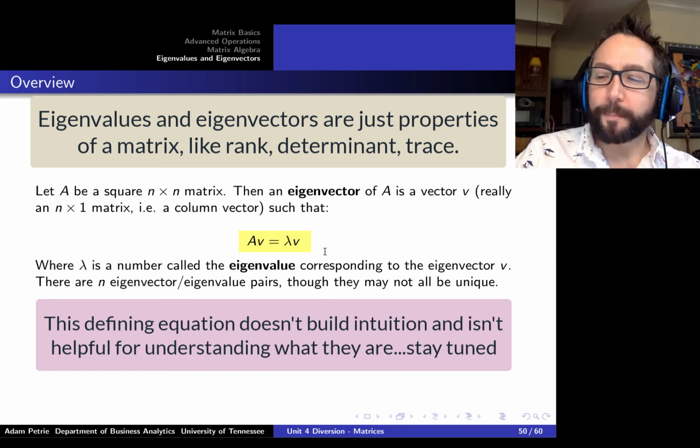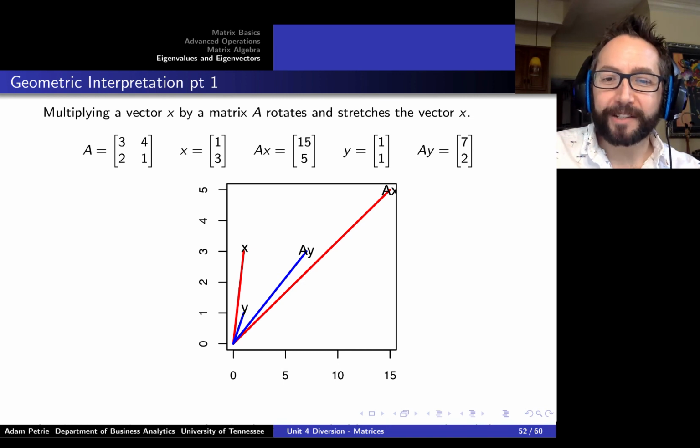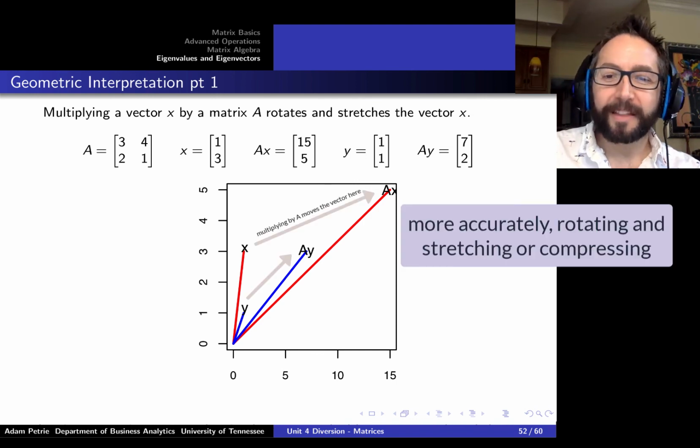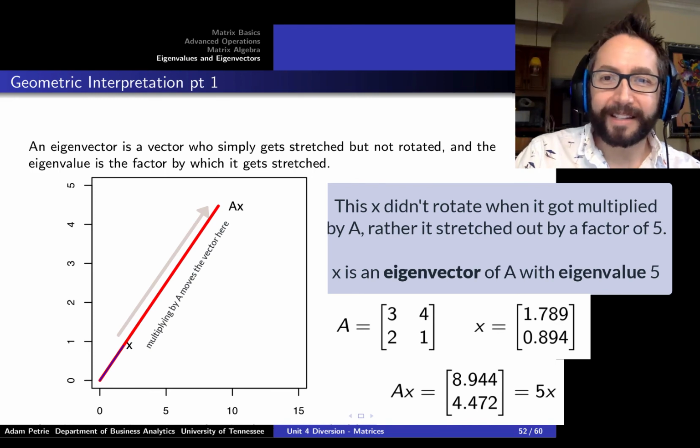Well, remember when we multiply something by a matrix, that's just like rotating that vector somewhere in the data space. So if I have vectors x and y, if I multiply those vectors by the matrix A, that just corresponds to rotating that vector somewhere in that data space. So an eigenvector happens to be a very special vector that ends up not being rotated by the matrix A. It's still pointing in the exact same direction it used to be pointing.